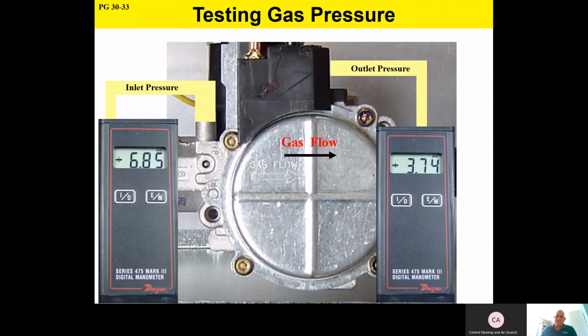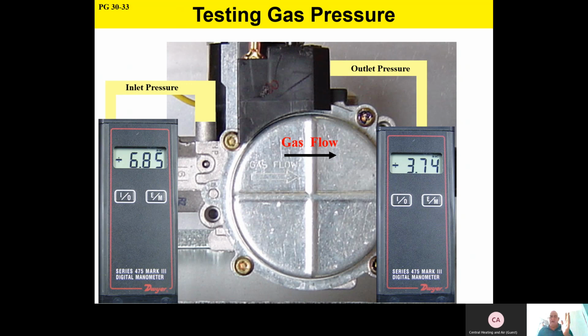Okay, so again, when you're testing gas pressure, do what you want to do, but I really like looking at the inlet pressure and the outlet pressure together. And even though I'm showing a digital manometer on both of these on the PowerPoint slide, it's perfectly acceptable to use a water manometer on the inlet, because oftentimes our specs might be, like I said, from 5 to 7 on natural gas for the inlet.